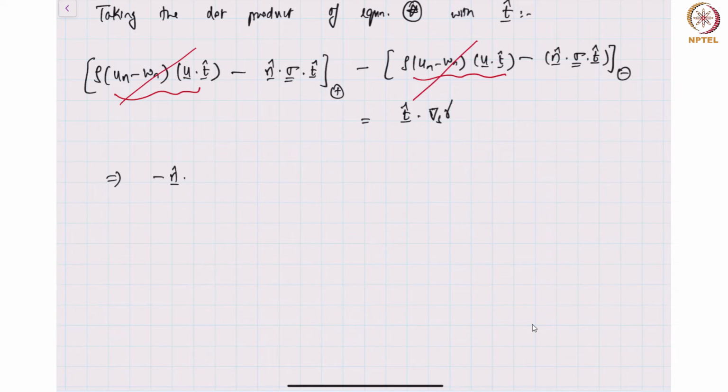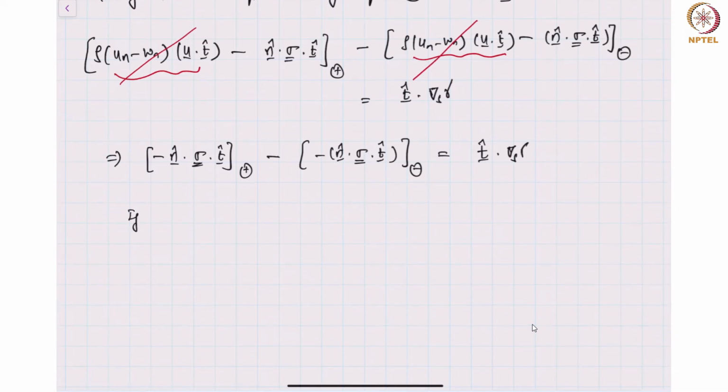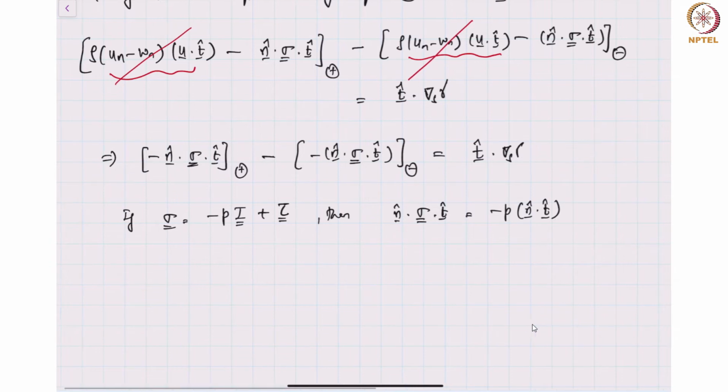I simply have minus n dot sigma dot t on the positive side minus n dot sigma dot t on the negative side equals t hat dot del s of gamma. Now, if sigma is minus p times I plus tau, then n dot sigma dot t will be minus p times n dot t, the first term, plus n dot tau dot t.